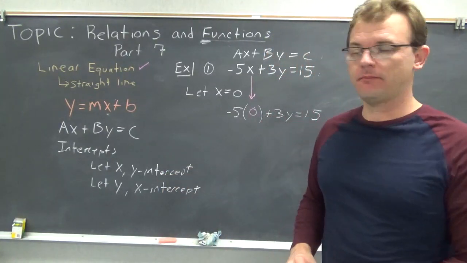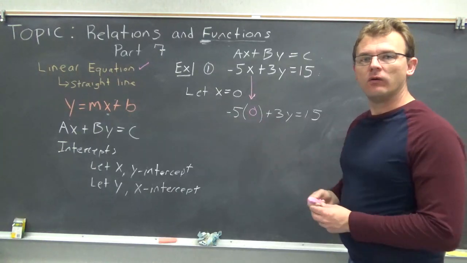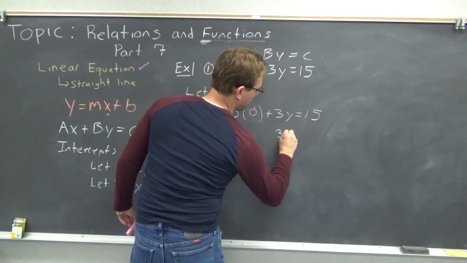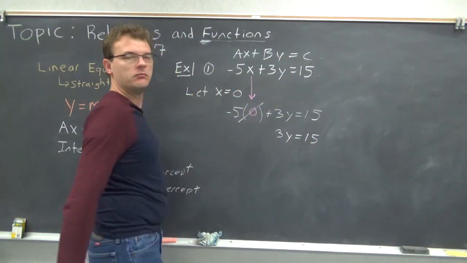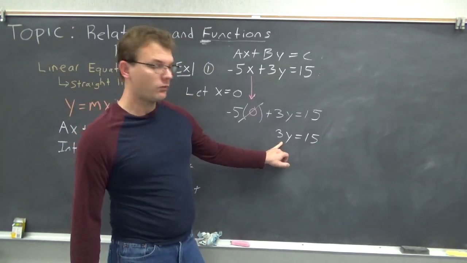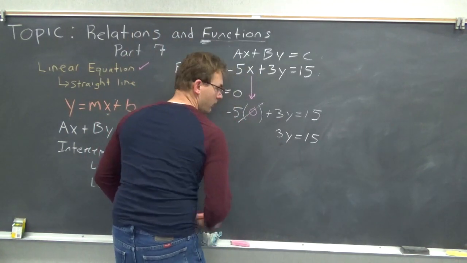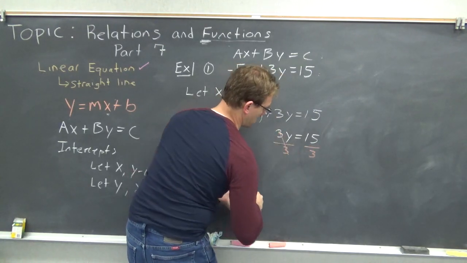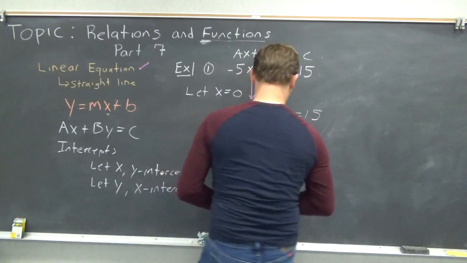What's our starting point? If you let this be 0, what's -5 times 0? 0, correct? So that's gone. How do you solve for y? Well, remember, you divide.